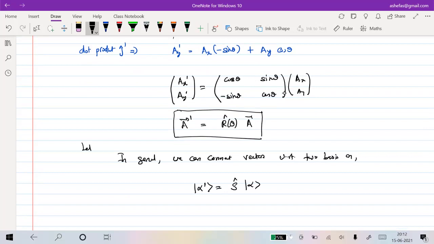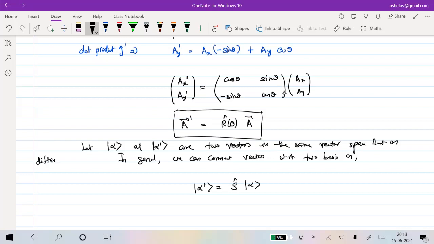Let vector alpha and vector alpha prime be two vectors in the same vector space, but represented in different bases.